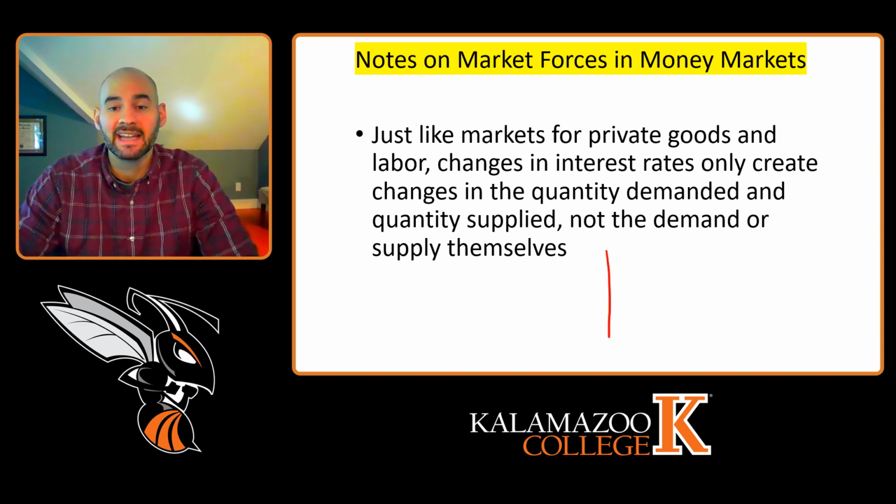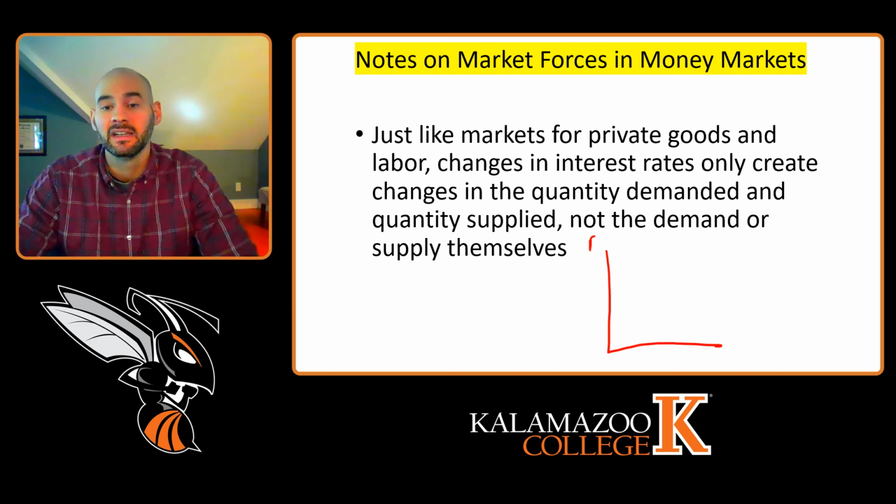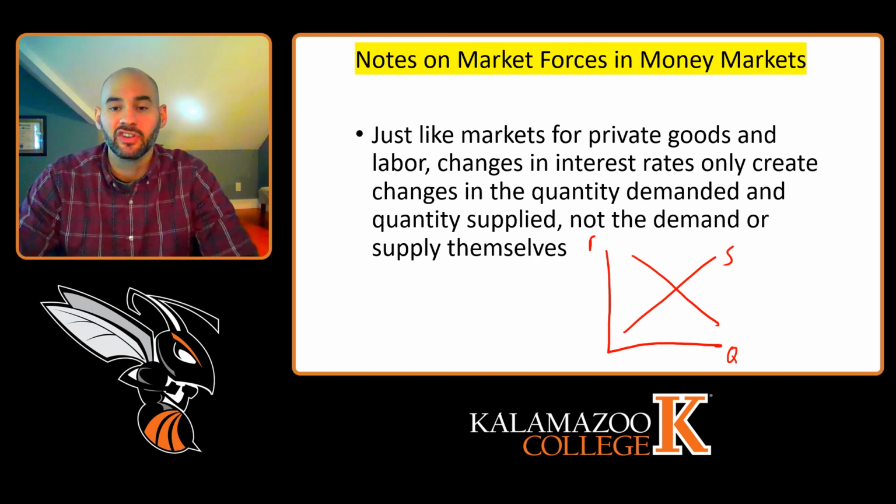Importantly here, we should note that when we're considering shifts and movements along the money supply and money demand curves, we're going to think of a change in interest rates not as shifting the entire supply and demand curves, because it's not one of the market forces which would lead to a shift of the entire curve, but it's going to change the quantity demanded and quantity supplied at a given price or at a given interest rate.